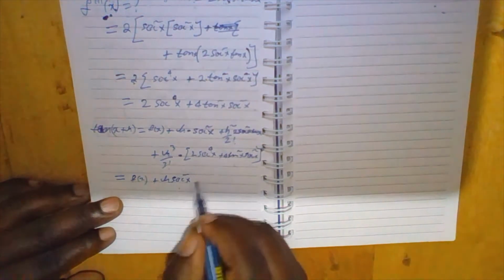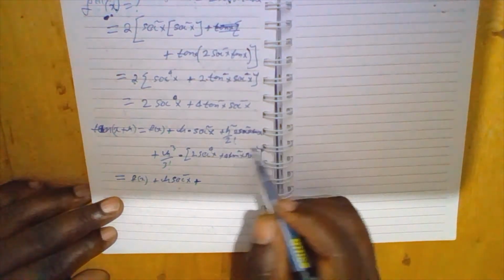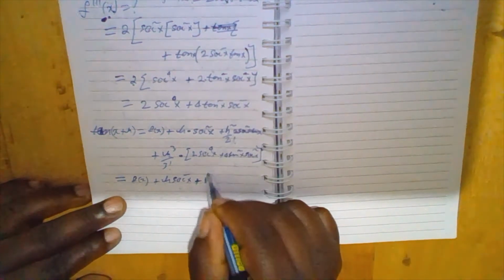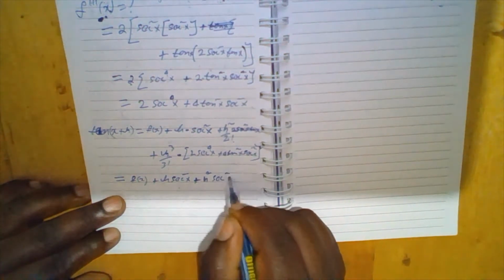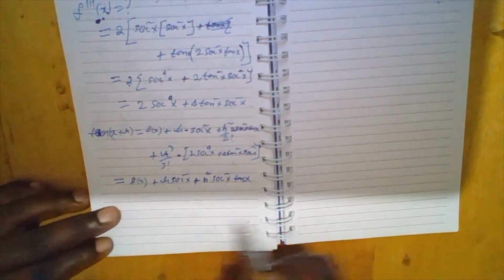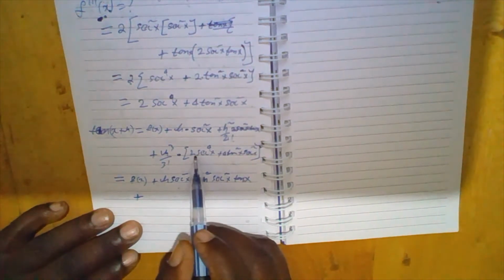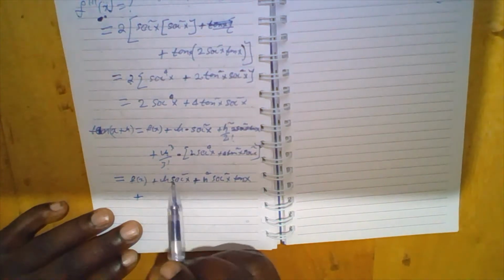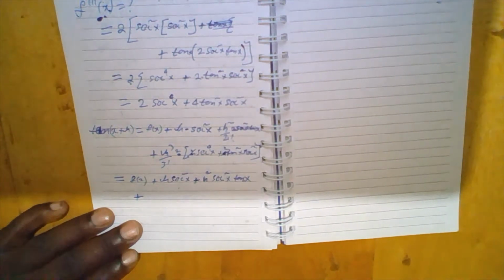sec x squared plus, now 2 factorial is the same as 2 times 1, so these two will cancel that 2, and then we remain with h squared sec x squared tan x, then plus. Now here you can see we have 2 and 4, we can factorize out 2 from this equation, so here we remain with the 2.